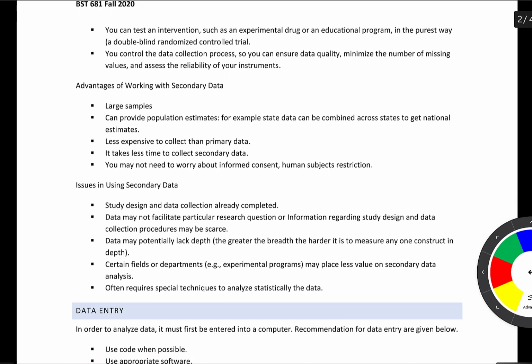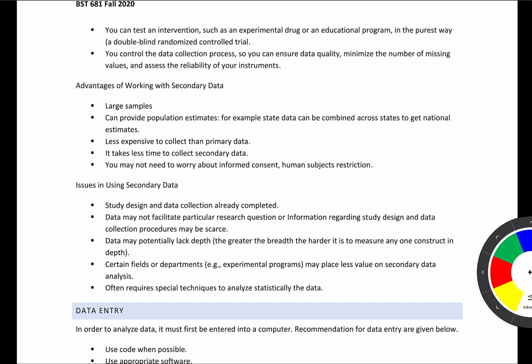Now there are advantages also to working with secondary data. Working with primary data can be very expensive, going out collecting data, whereas if you're working with secondary data, you can get large samples relatively inexpensively, sometimes even for free. Sometimes with secondary data, you can get population estimates.